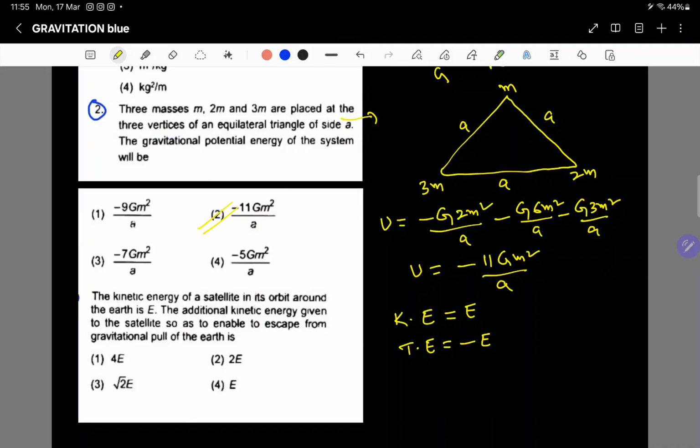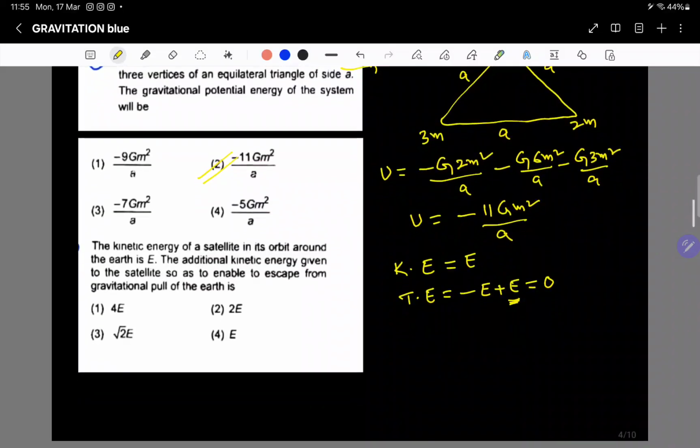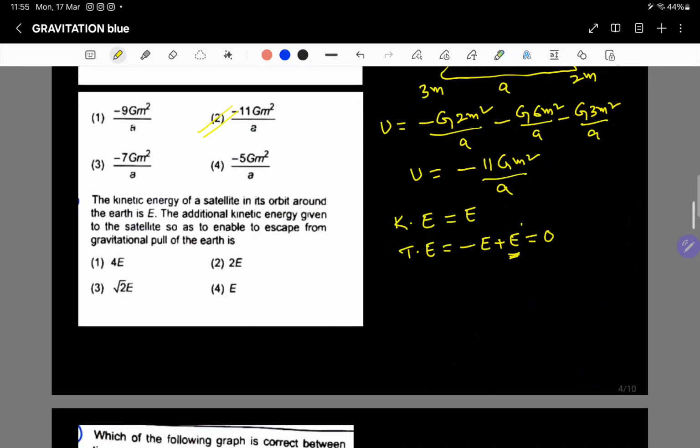If you give an equal amount of kinetic energy E, it escapes from the gravitational influence of the planet. Why? Because if it escapes from the gravitational influence, the total energy must be equal to 0. The total energy is minus E, so how much kinetic energy should be given to this particle? It must be E, students. Extra E; the additional energy is E. So the fourth option is correct. Important, students. Many times this question comes.